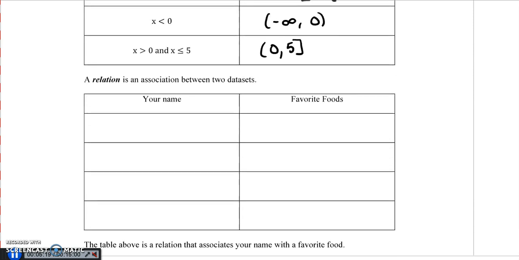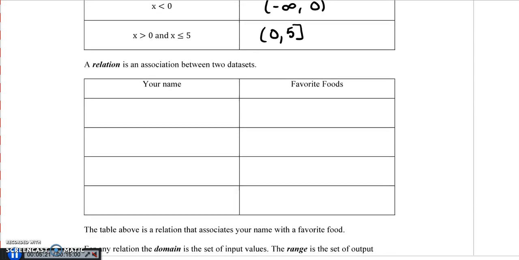So as we look down, let's now look at a relation. So a relation is just an association between two data sets. So let's just look at some names. So if we have Jay, okay, and Jay's favorite food is pizza. We have Sarah, whose favorite food is bacon.